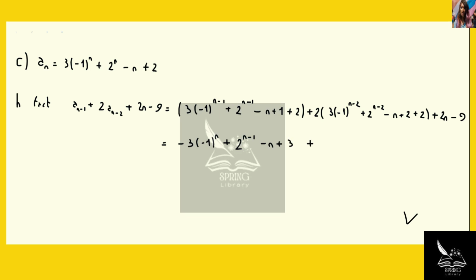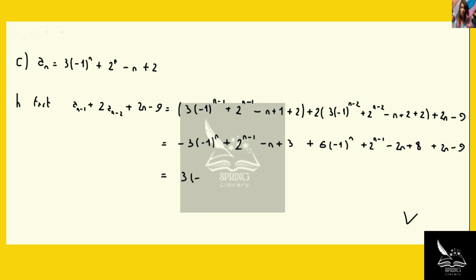And then here we have plus 6(-1)^n plus, now this is twice 2^{n-2}. So that just becomes 2^{n-1}. And then we have -2n + 8. And then the numbers, well, plus 2n - 9. And here again, we collect the (-1)^n. So we have a 6 minus 3.